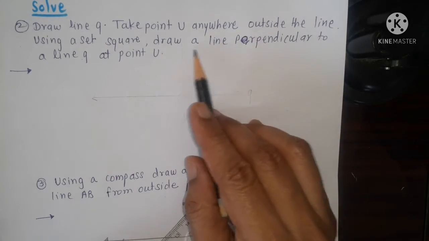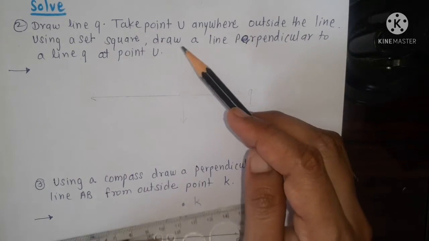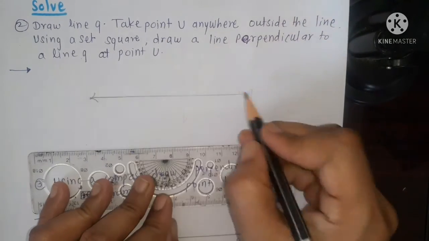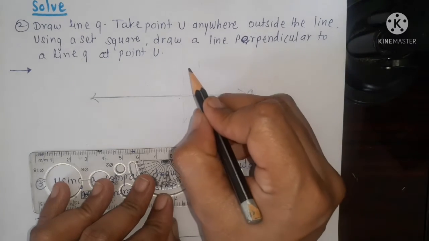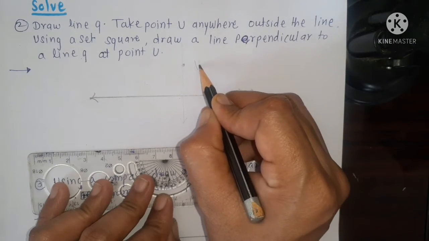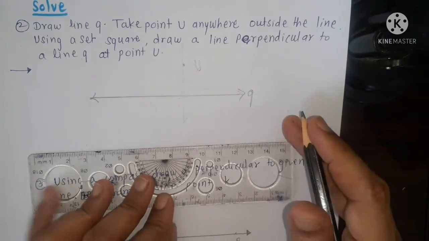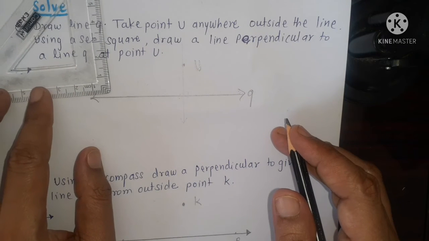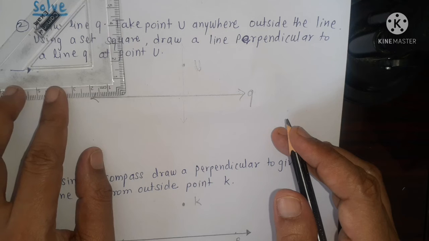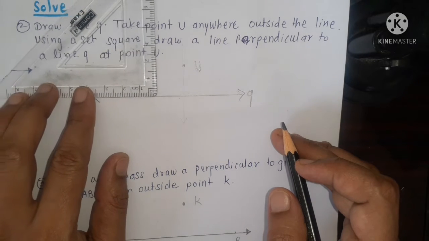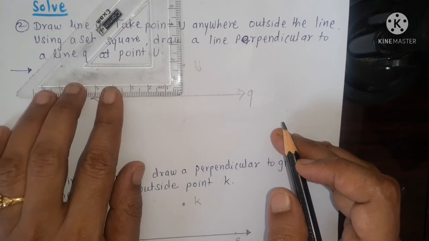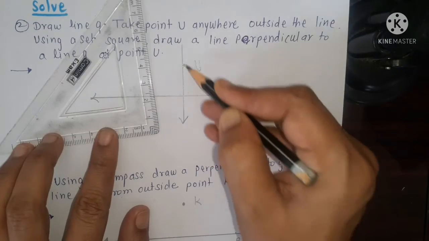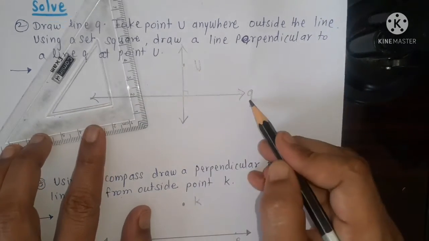Using a set square, draw a perpendicular to line Q from point U. We can draw a line, give a name Q, take a point outside the line Q, name of the point is U. We can use a set square, place one arm of the right angle of the set square at line Q and drag it towards point U. When it touches point U, we can draw a line. This line is perpendicular to the line Q.